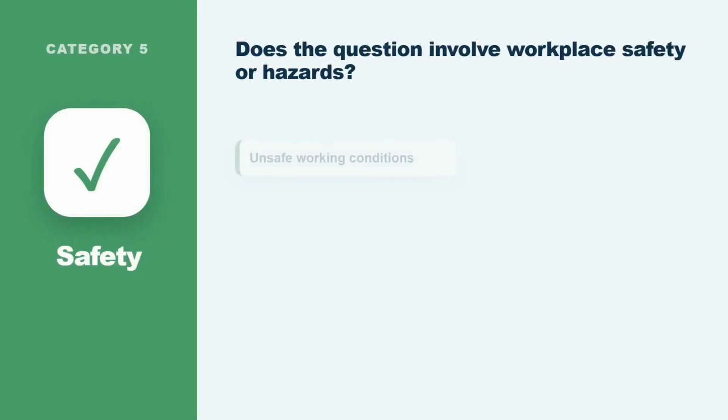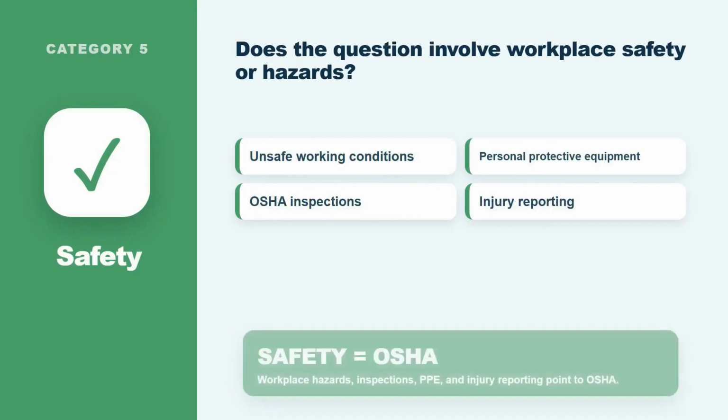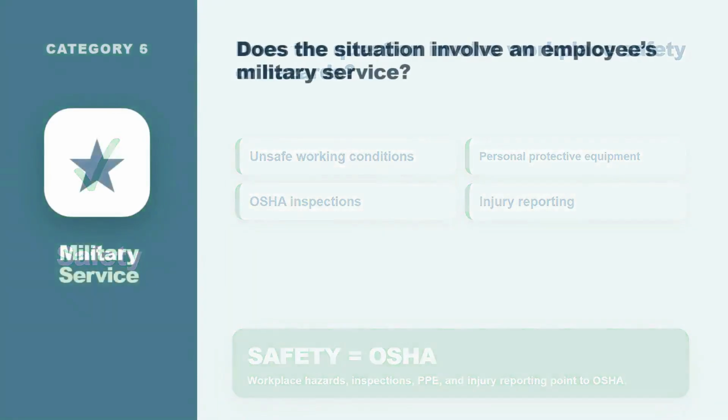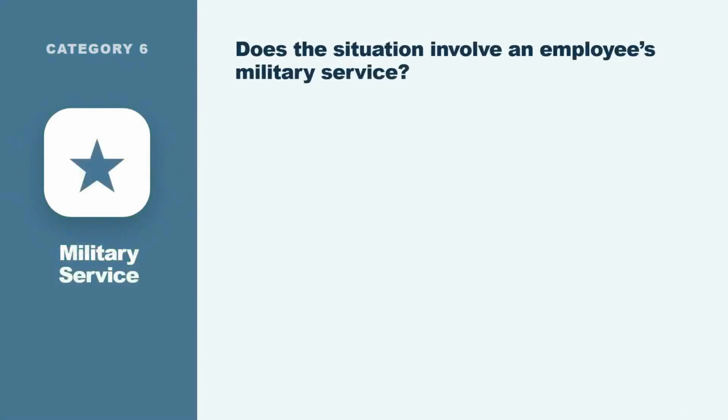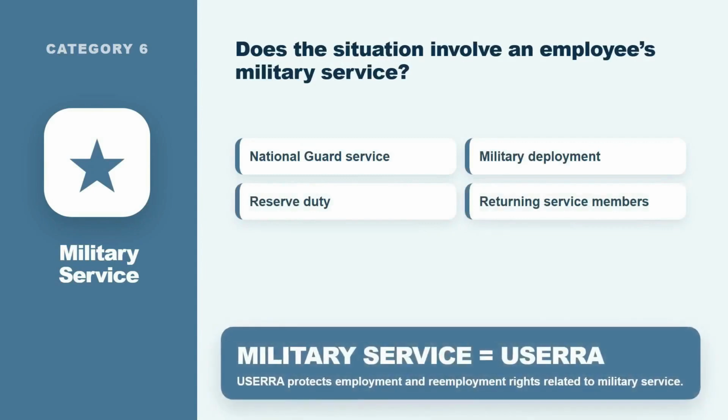Questions about unsafe working conditions, personal protective equipment, workplace hazards, OSHA inspections, or injury reporting? Think safety equals OSHA. Category 6. Military service. Does the situation involve National Guard service, military deployment, reserve duty, or returning service members? If so, think military service equals USERRA.